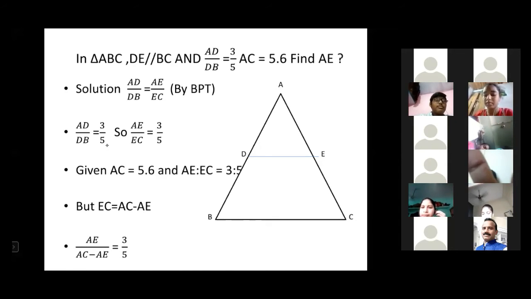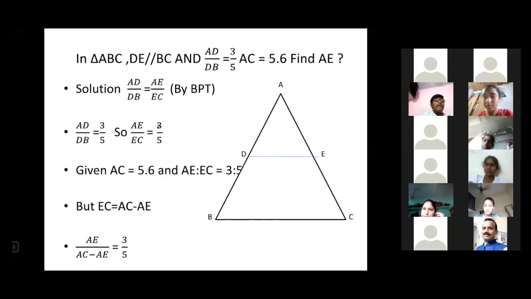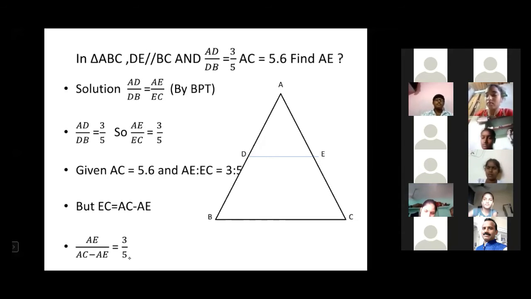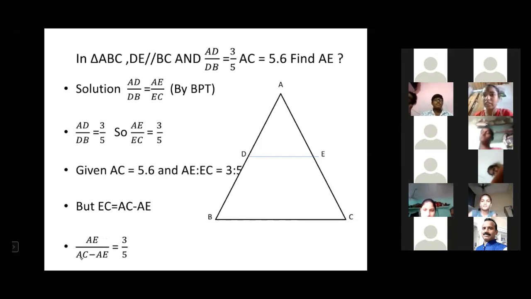Instead of EC, I write AC minus AE. Therefore, AE by AC minus AE is equal to 3 by 5.